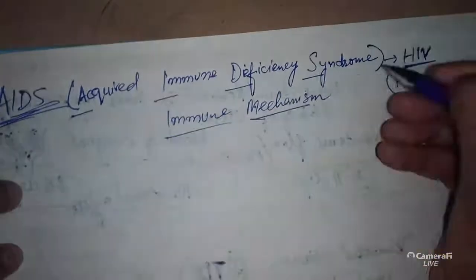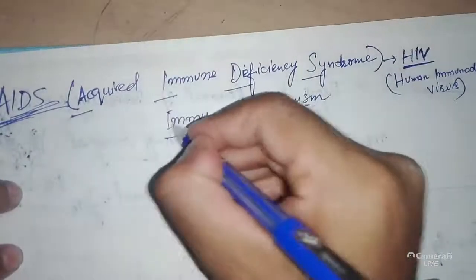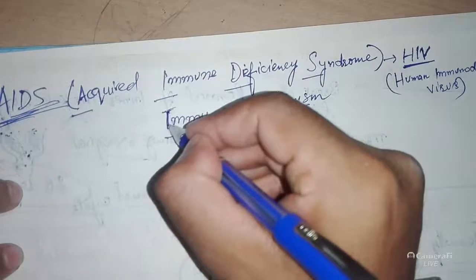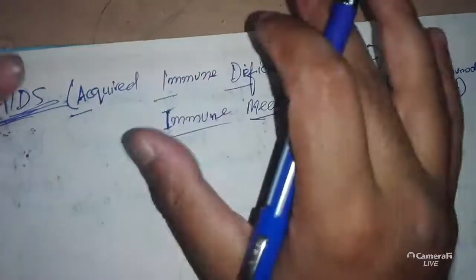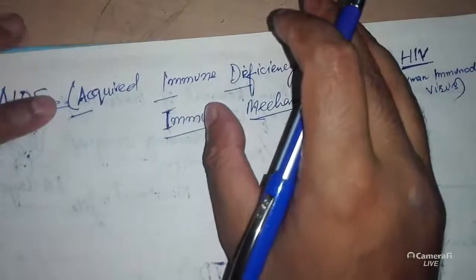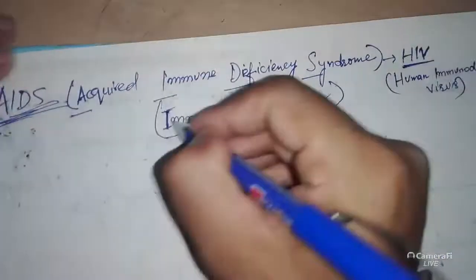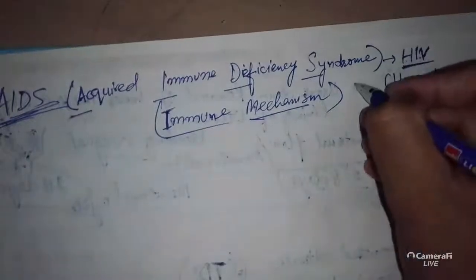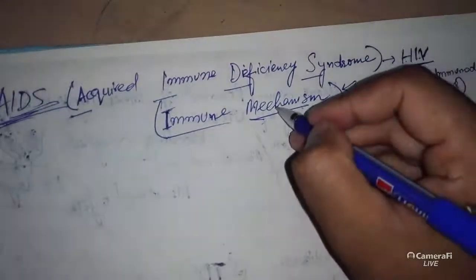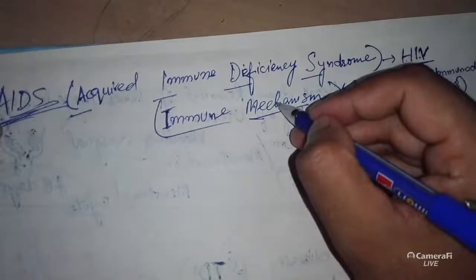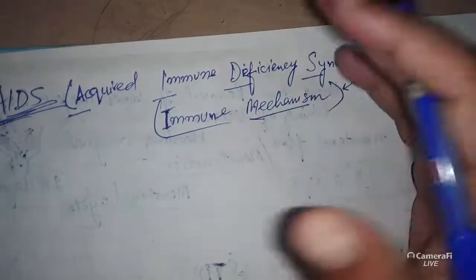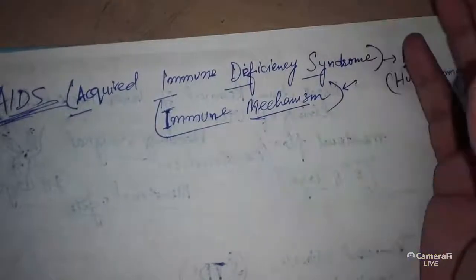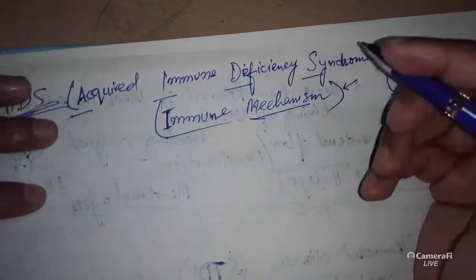So what is the immune mechanism? This is the defense of the body. When there is any infection, our immune system is involved to fight that infection. But here the problem comes: the HIV virus goes and attacks our immune system directly. It attacks our military force, so it does not allow them to fight against any secondary disease caused thereafter.